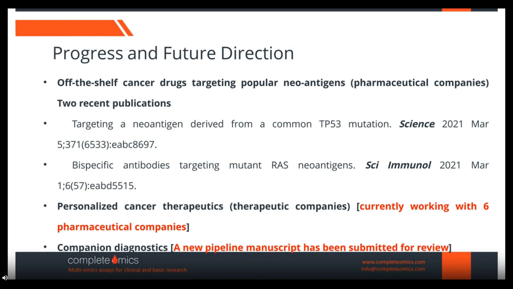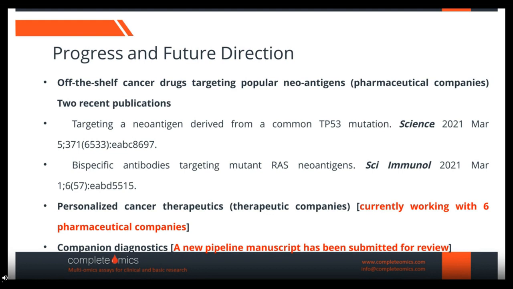The current technology we have is able to analyze neoantigens from down to 50 milligrams of a solid tumor, which we think is a big improvement that could push the whole neoantigen detection technology into direct patient care.